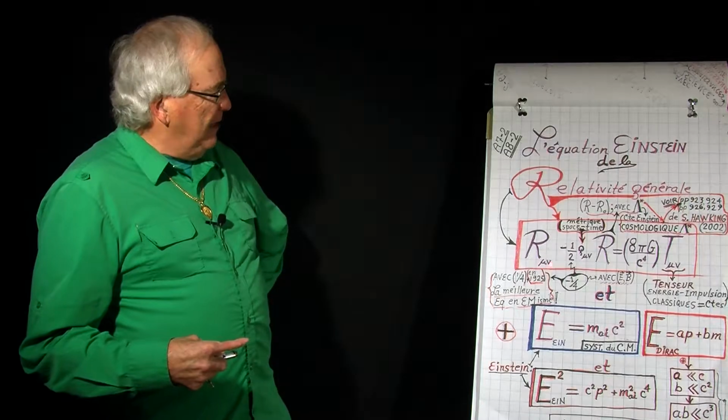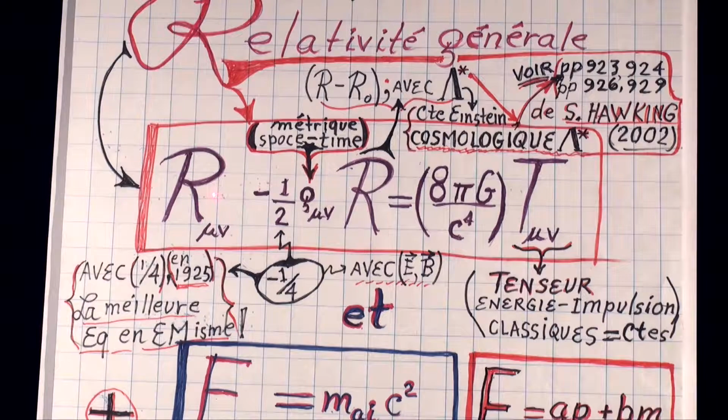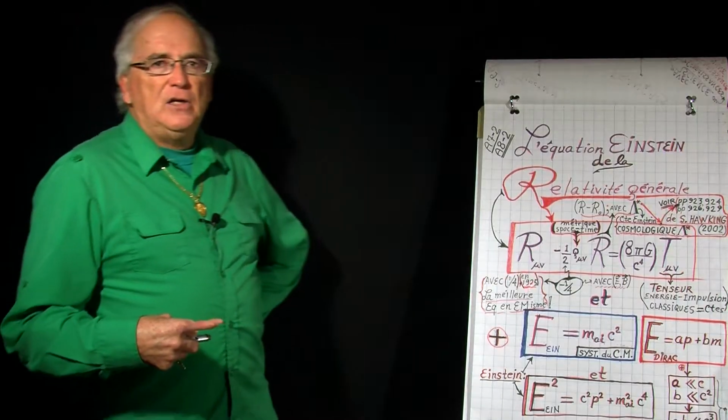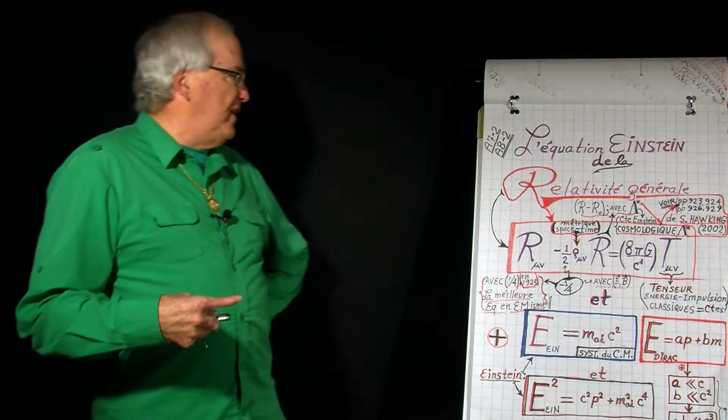Here you have the Einstein UV parameter, which is related to the geometry of the universe.